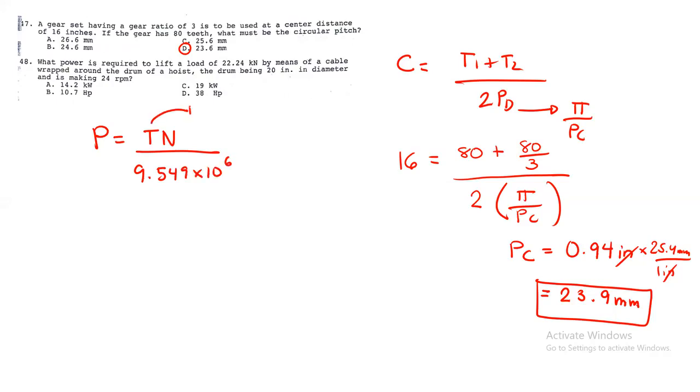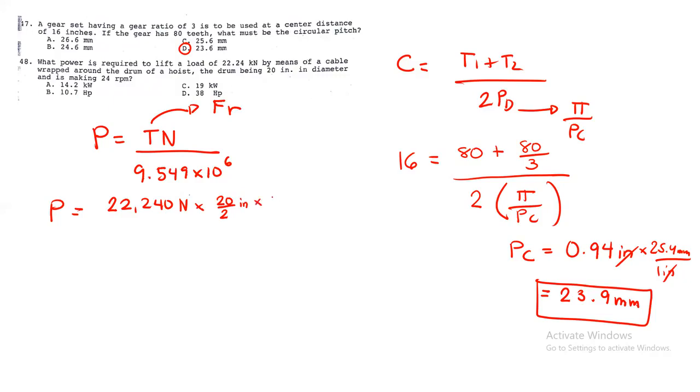So, yung torque natin dito, force times radius lang. Wala namang friction, no? So, power is equals to, ilan yung force natin? 22,240 Newton times radius na, so 20 divided by 2 inches.